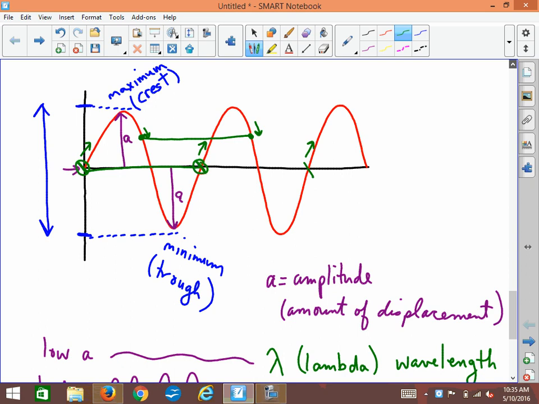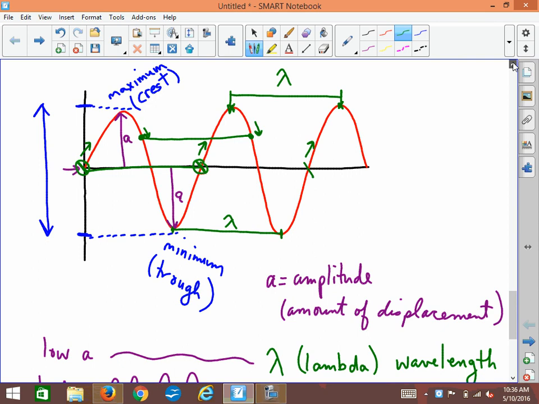One of the easiest places to see corresponding points is when you look at a crest to a crest. So the crest to crest difference is also 2 corresponding points, and that's a good place to sort of visually think of the wavelength. Or, likewise, it's easy to see trough to trough. But technically, you could pick any 2 corresponding points on the wave and determine what the wavelength is, right?